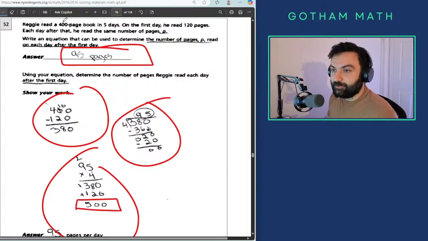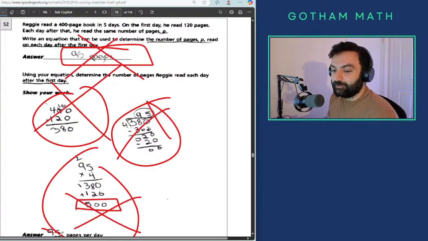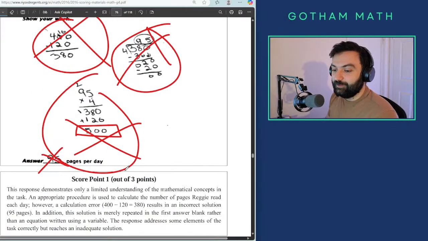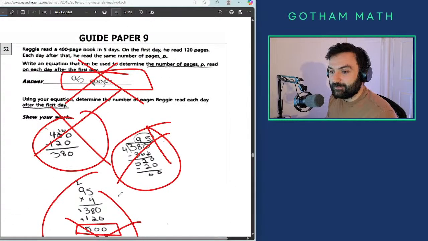500. It says 400. Completely triple no. No, no, no, no, no. And you get 1? Huh? No, we have to read the bottom. Wait, maybe because you subtracted 400 minus 120, you got 380.